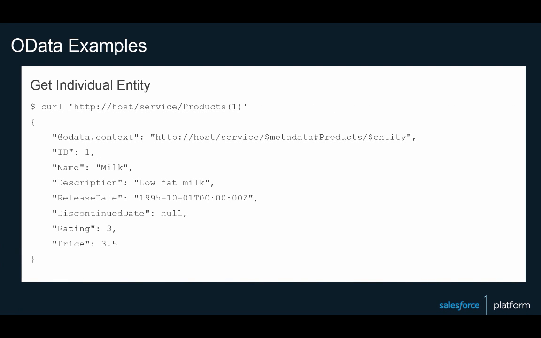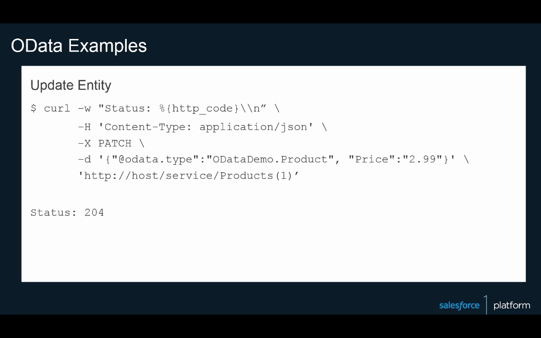We can get all the information for a particular entity. So this is like a retrieve operation. And here, we use that same URL, locating the products set, and we pass a key in brackets. So this is ID number 1, which again is the milk record, but here we get all the columns that are available.